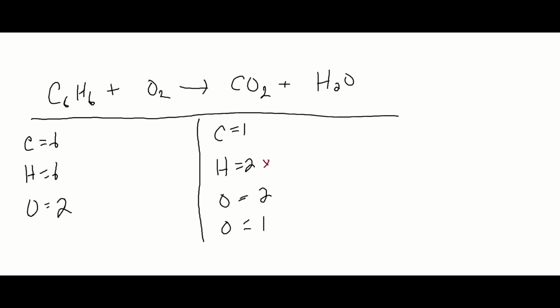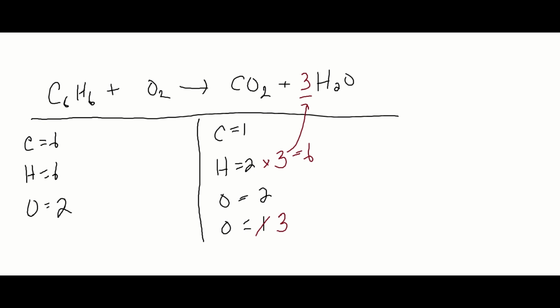We need to multiply the hydrogens on the product side by 3. So that multiplier goes as the coefficient in front of the compound where you see the hydrogen. We also need to update and multiply that coefficient to every other element in that compound. The reason I did hydrogen first is because I know right away whether it's going to work out or not. The oxygens on the reactant side can only be even numbers or multiples of 2.